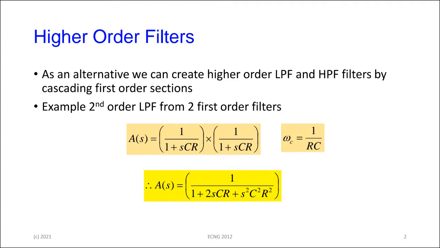The designs that we used yesterday, the VCVS versions, would take a single op-amp, and you just build up the network in front of it. But the component cost in terms of op-amp use is small. Once we start to cascade first order sections, each section is an extra op-amp that you have to use.